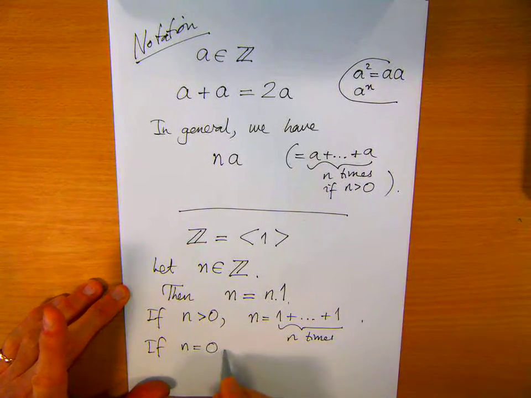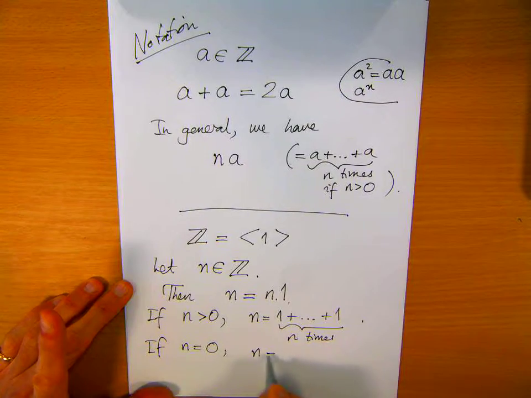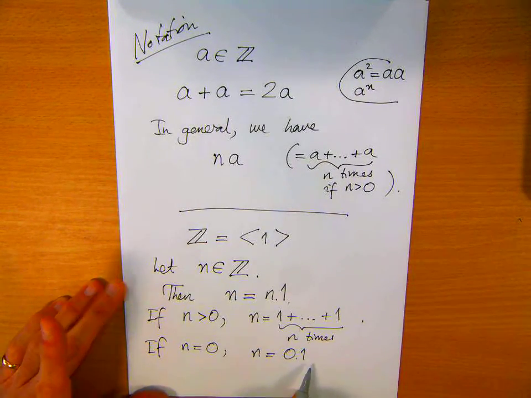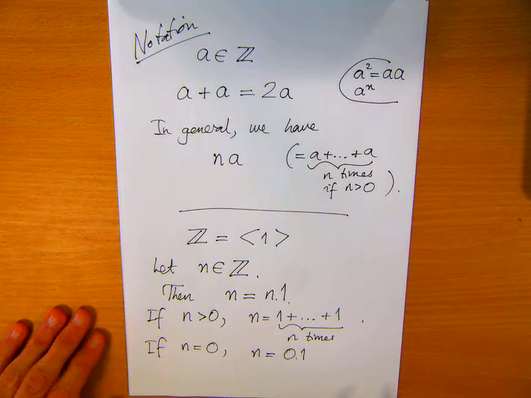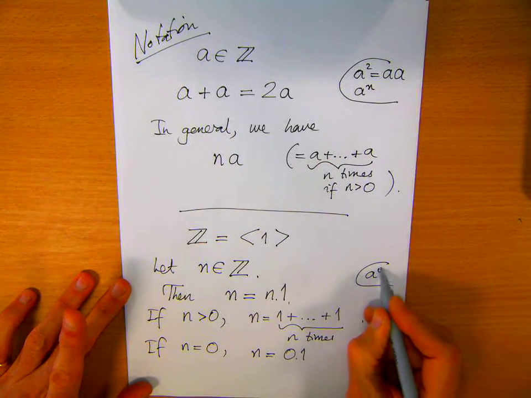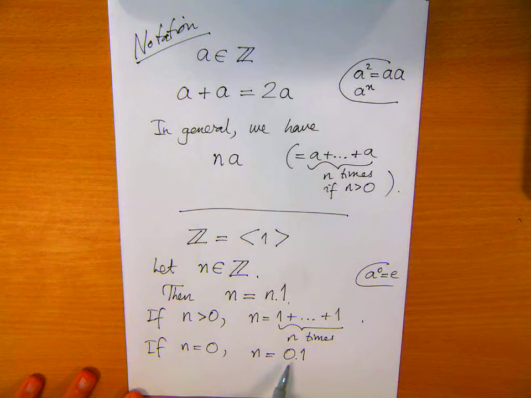If n equals 0, well, by definition, 0 times 1 means 0. That's just the definition. It's analogous to a to the 0 being the identity. So if n equals 0, we've certainly got 0 equals 0 times 1.